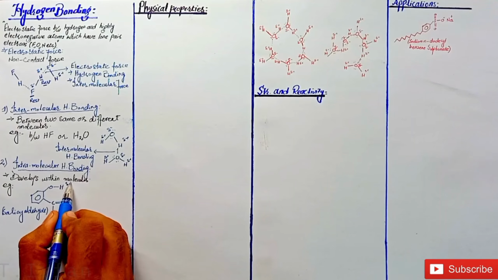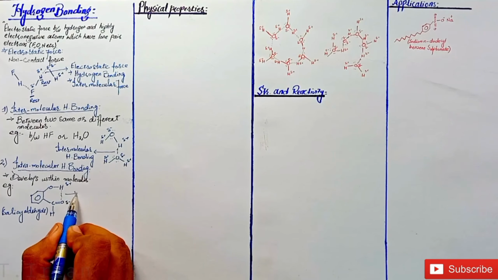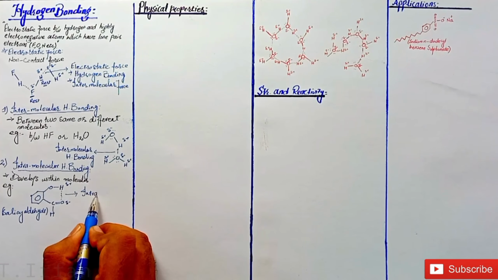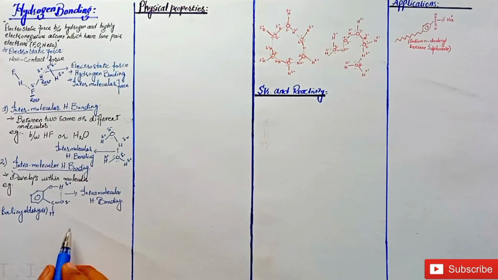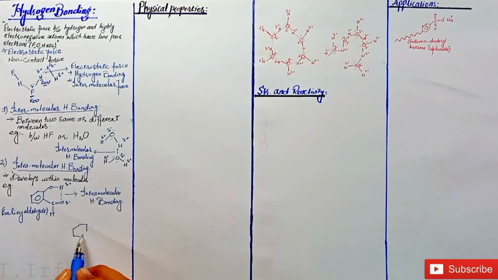This is a type of intramolecular hydrogen bonding. One of the isomers of this compound, para-hydroxybenzaldehyde, has intermolecular hydrogen bonding.